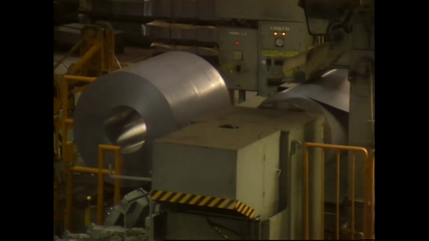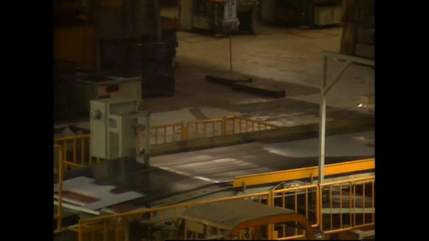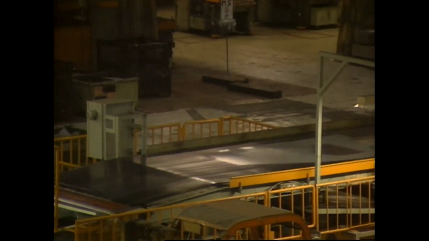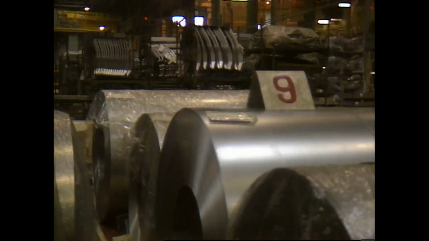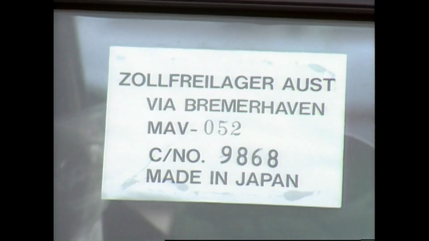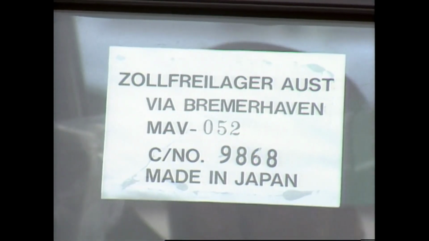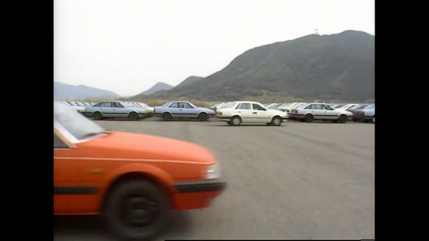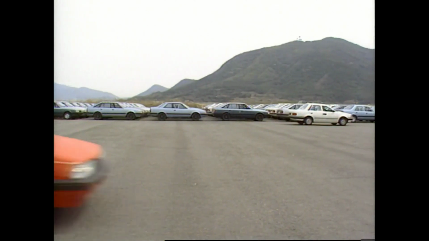Steel, in turn, is used to make many products. For instance, sheets of it are stamped into car doors and other parts for the Mazda Automobile Company. When the cars are finished, some are sold in Japan, but many are exported to markets all over the world.